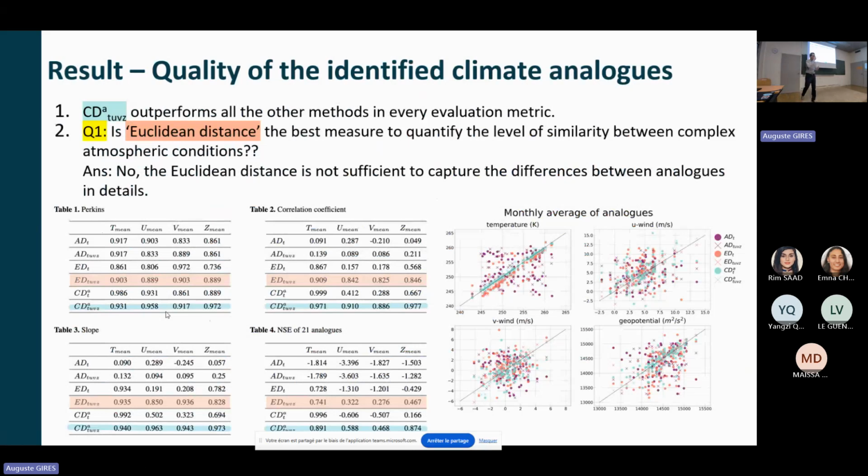The traditional methods tend to find a better temperature, or a better one of them, but here we can find really good ones simultaneously for all the variables of interest. You can also see the correlation. Everything is much better than the traditional methods or any other methods, so you can find the ones that really reproduce the underlying climate.